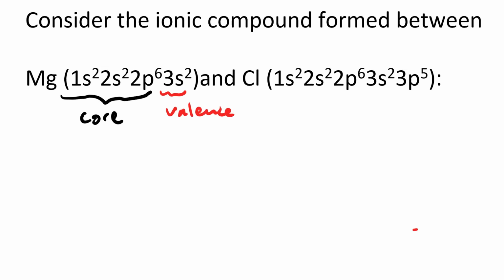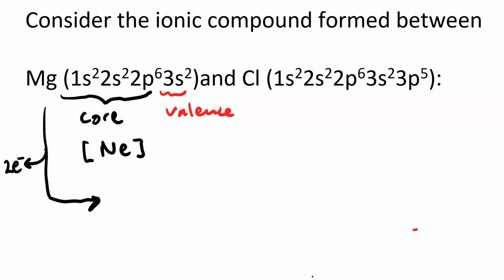And 1s2, 2s2, 2p6 is the same as the noble gas configuration of the element neon. So, if magnesium loses 2 electrons to become magnesium 2+, that's a stable ion because it has the same electron configuration as neon.